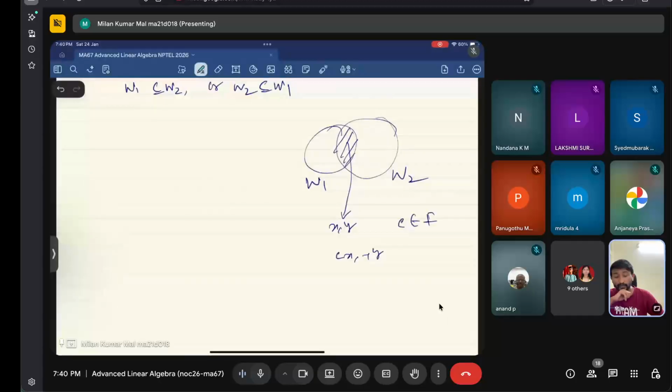Maybe you are saying there can be elements which are not in the intersection portion, but we don't care about the elements in that portion. We are not considering those elements. We have to say that if I take elements from the intersection portion, whether this holds or not.